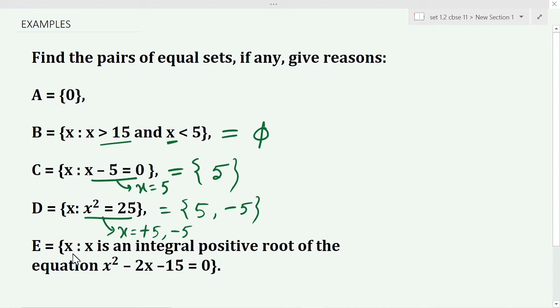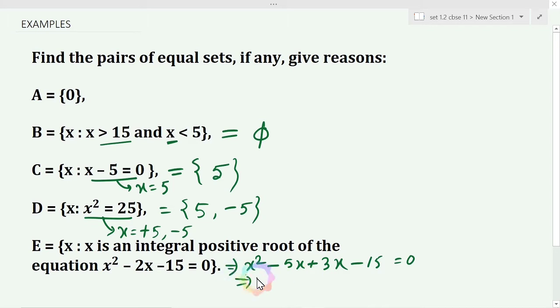Now set E says that x is an integral positive root of the equation. So the positive roots of this equation are the elements of set E. First of all, we solve this. So x squared minus 5x plus 3x minus 15 equals 0.